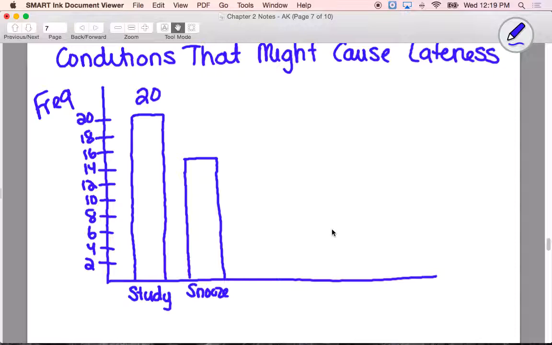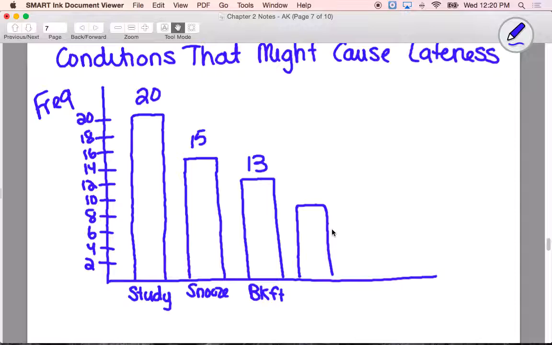So for 13, I'm going to abbreviate and just say breakfast. This one was 15. This one was 13. Next one is 9. That's talking too long. Then we're going to find something to wear.